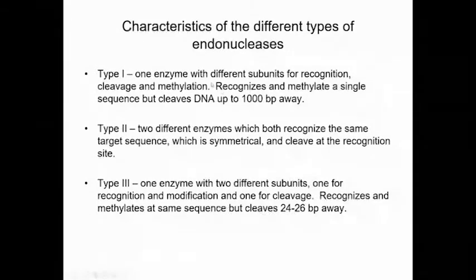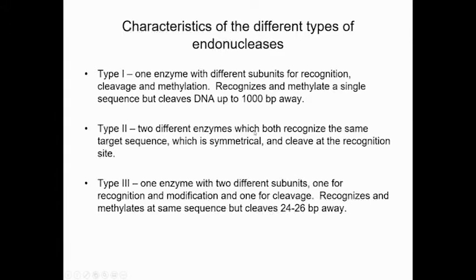So for both type I and type III, the recognition site and the cleavage site are not at the same location. Only for the type II restriction enzyme are the recognition site and the cleavage site at the same location.